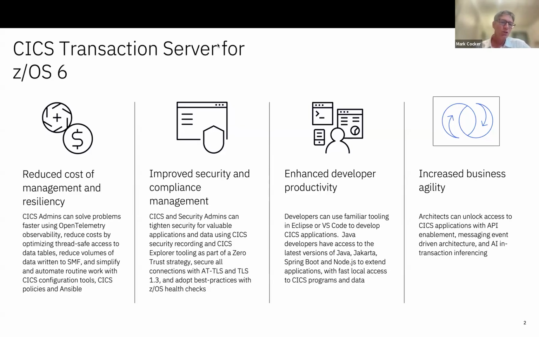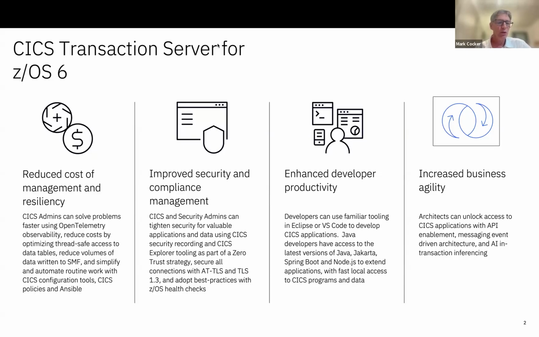Across that version, these are the sorts of areas we've been focusing on. If you're very much into CICS, perhaps a CICS systems programmer, you're probably very familiar with these different areas. We've been focusing on reduced cost of management and resiliency, and there are a number of technologies we've been looking at.